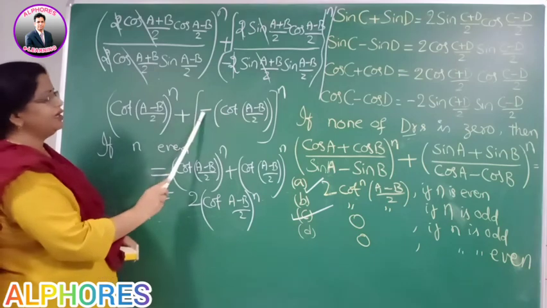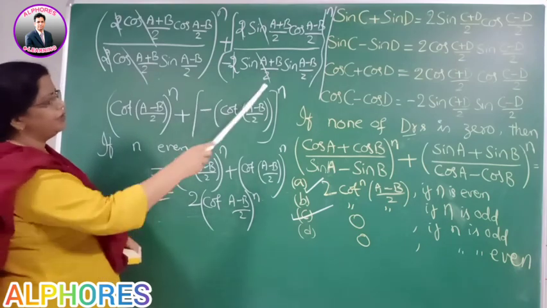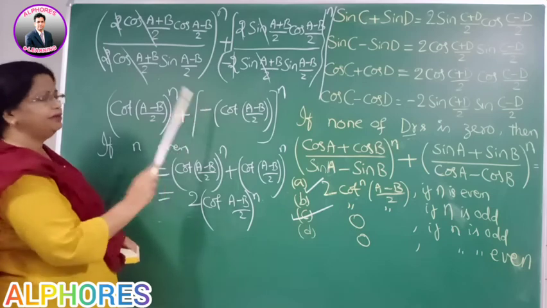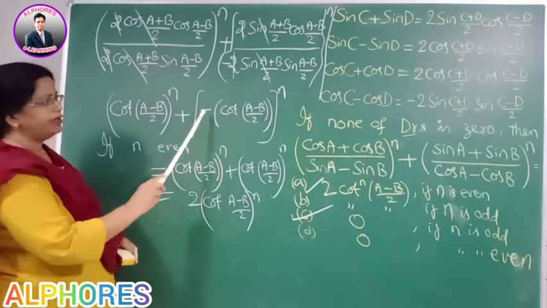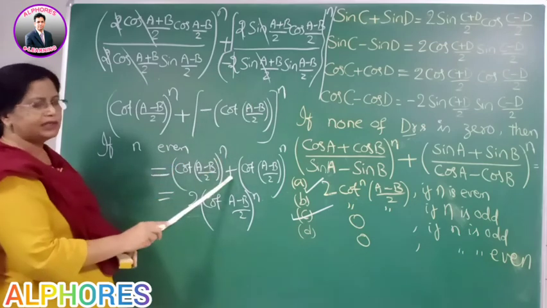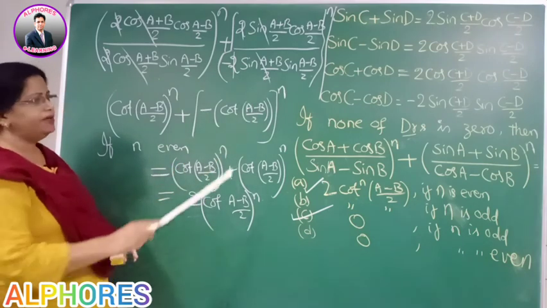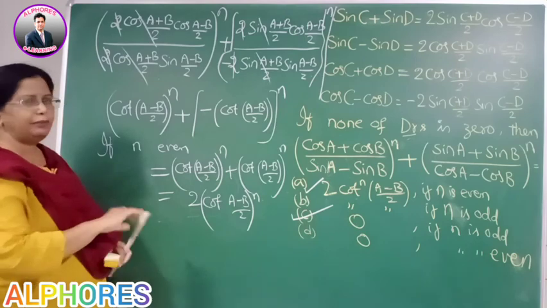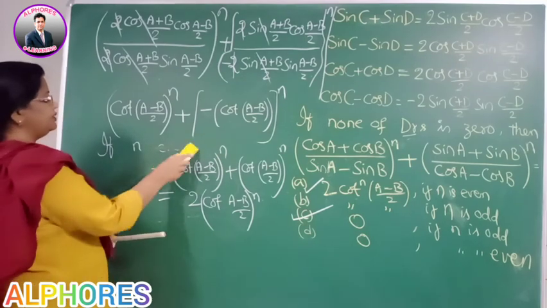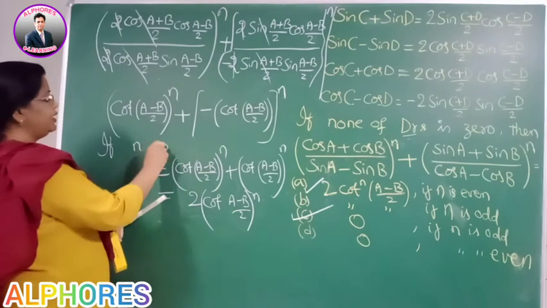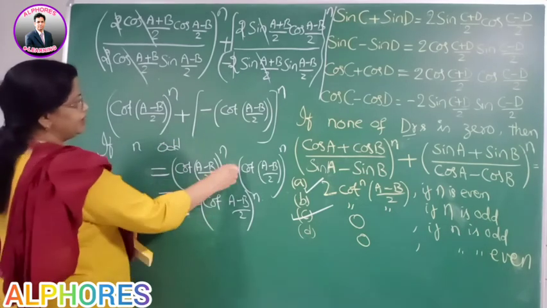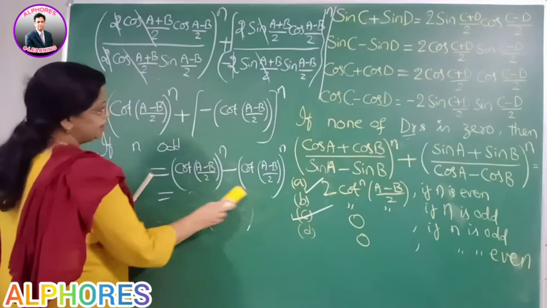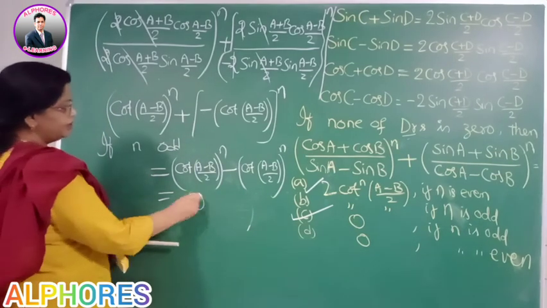Once you observe a minus, immediately don't try to cancel, you have to wait. If n is even, the extra symbol is plus, like minus whole power 4 is plus. And if n is odd, it is a minus symbol, and thereby your answer is simply equal to 0.